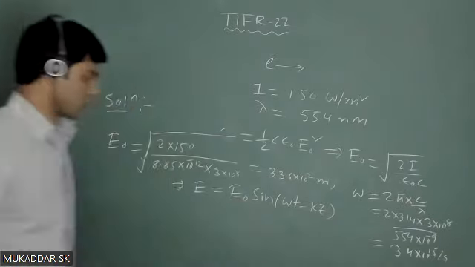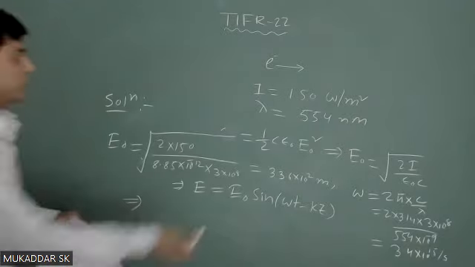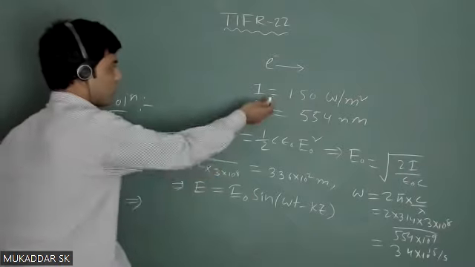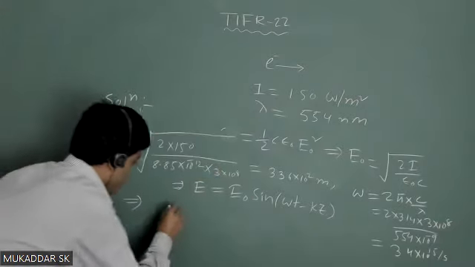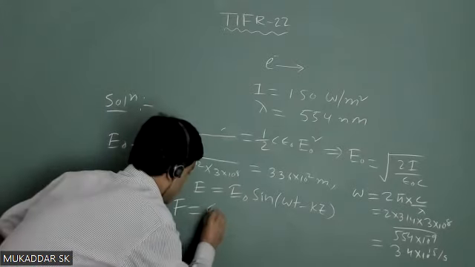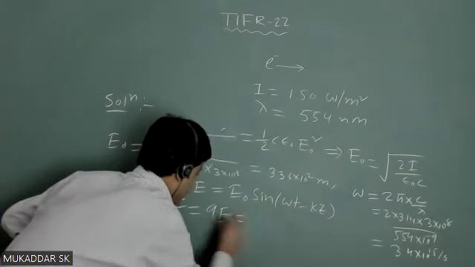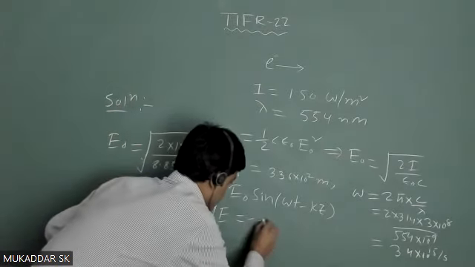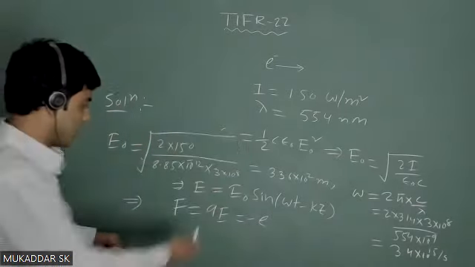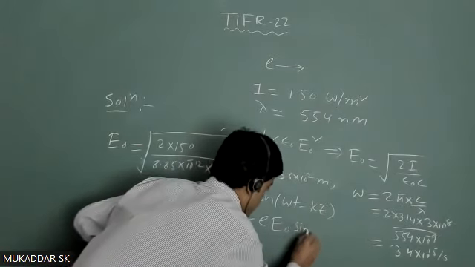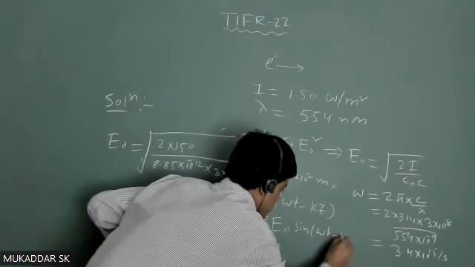Now the force experienced by this charged particle, the electron, by the action of this electric field of the laser beam: from Coulomb's law, F equals Q into E. Q is the charge of the electron, that is minus e, and E can be written as E naught sine of omega t minus kz.